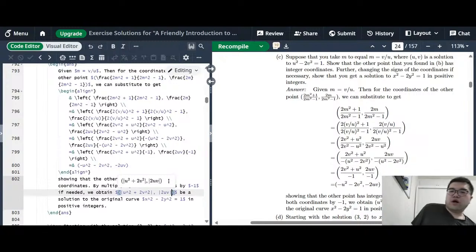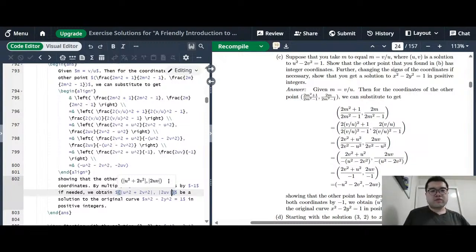But we can have v negative and u positive, or we can have 2uv, the product of 2uv, be negative, so negative 2uv is positive. That's why we put the absolute value sign, in case we don't know which one is positive or which one is negative. We're just forcing them to be positive in this case.